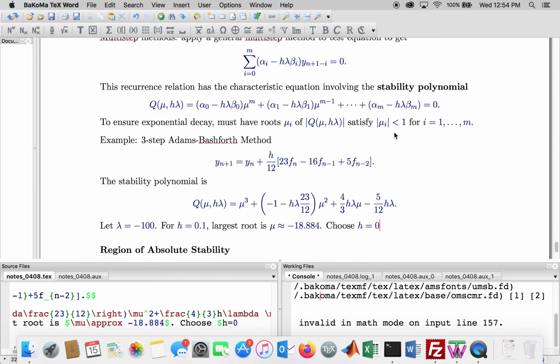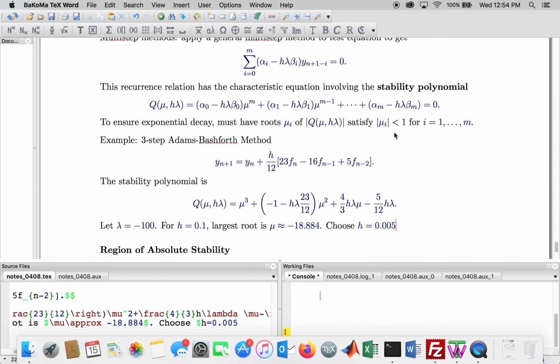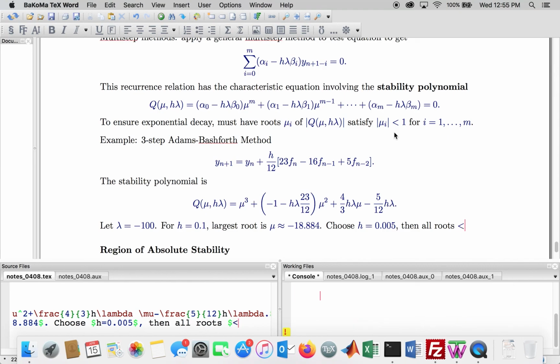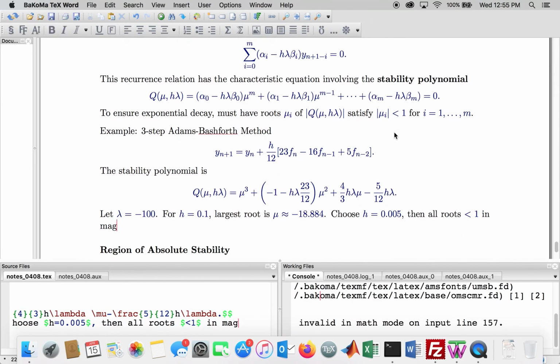Choose 0.005. Then all roots are less than 1 in magnitude. So that time step was good enough for lambda equals minus 100. Now here, h lambda in this case would be equal to minus 0.5.